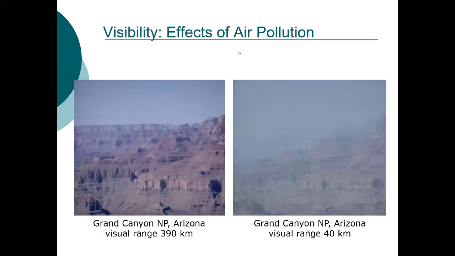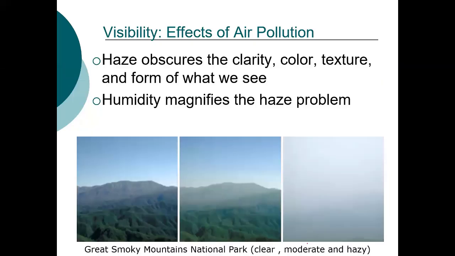On the right, a photo where the visual range is roughly a tenth of that. The reason for the decrease is air pollution. We also talk about haze. Haze is the condition where dust, smoke, and other predominantly dry particles obscure the clarity of the sky.